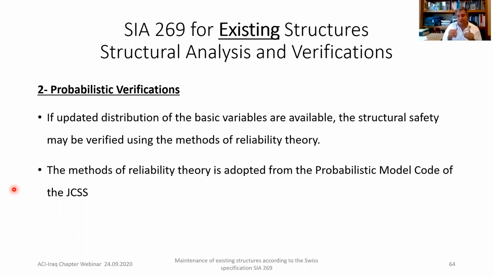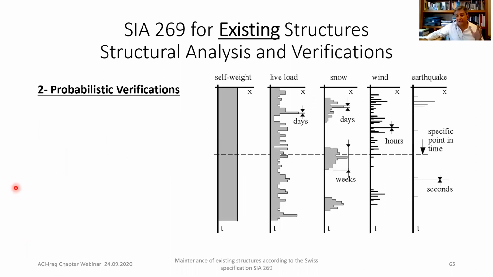So it's a new type of approach, and maybe we are not familiar with this type of analysis. To clarify, we structural engineers are working with values that are not fixed values. All of them came from statistical studies.